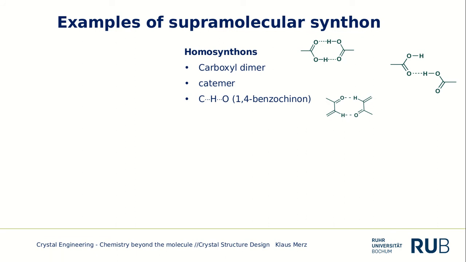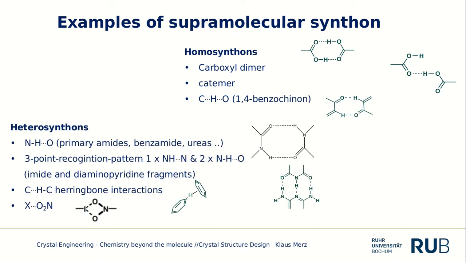But once again, don't forget, only 33% of all crystal structures in the crystal structure database show the dimer. The other 66% are forming, for example, a catemer, you see it here, or something else. Another very nice homosynton is something like this here with syntons of 1,4-benzoquinone molecules.